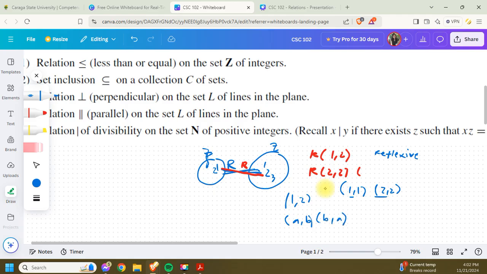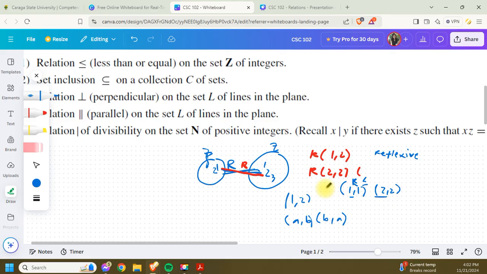As I mentioned earlier, the smaller one comes first compared to the second, so that's the relationship between them, which the less than or equal satisfies. Do you think this is symmetric? Thumbs up if symmetric, thumbs down if not.